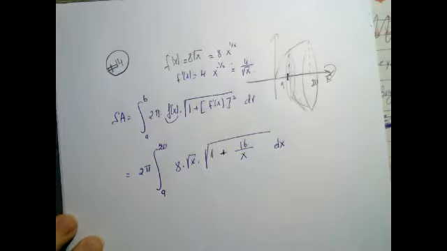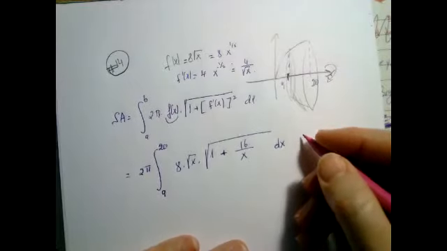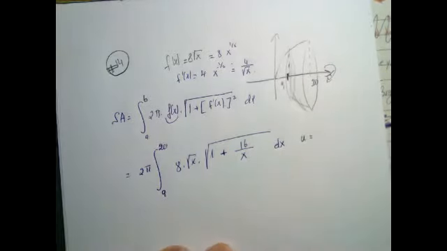All right, now I need to find the antiderivative of that. Who has any idea how shall I proceed? Use substitution. Okay, what shall I substitute? Wouldn't u be 1 plus 16 over x? Maybe a bit problematic.